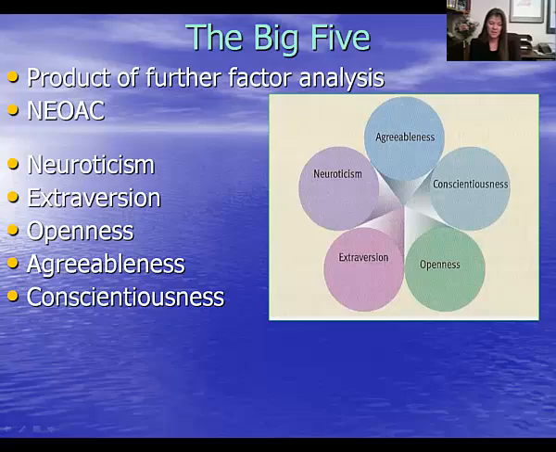So they tend to be friendly, soft-hearted, trusting, cooperative, nice, okay? And of course, you can think about the opposite of that, right? Somebody who's low on agreeableness. They're going to be more antagonistic, ruthless, skeptical instead of trusting, skeptical, and uncooperative.